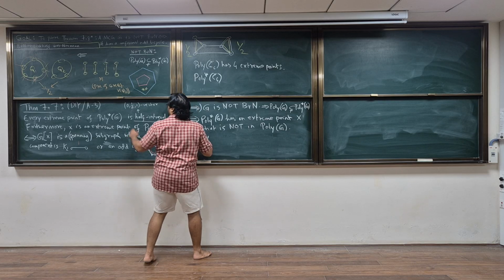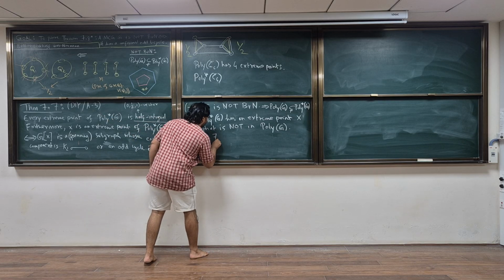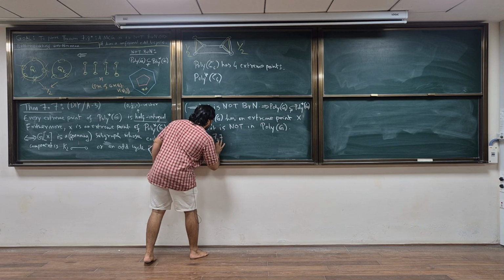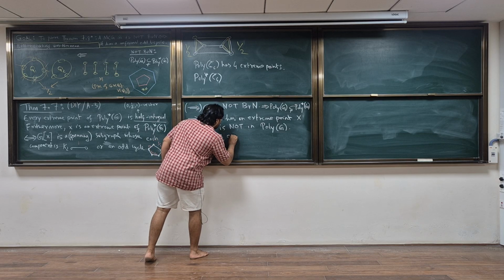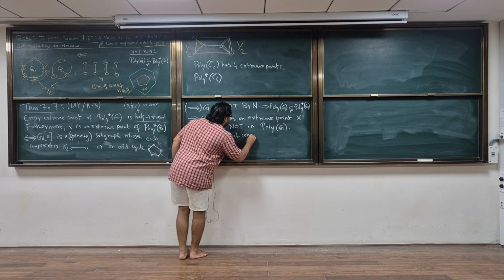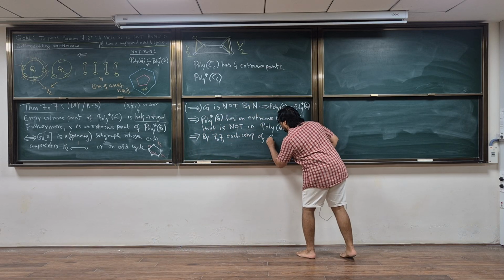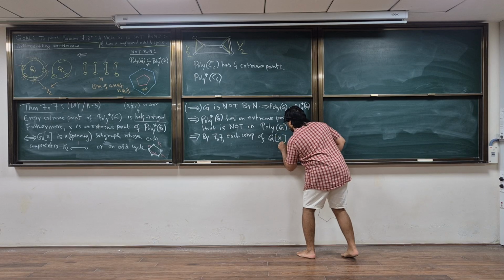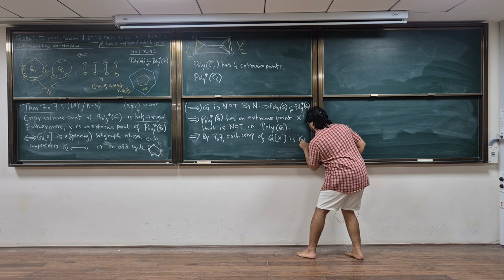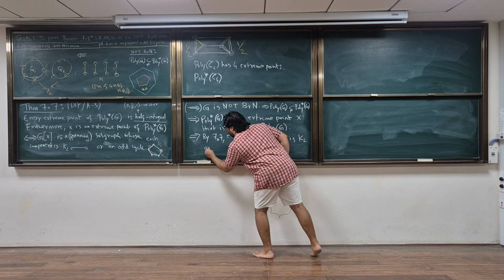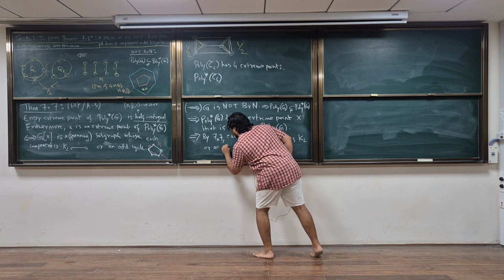So by Theorem 7.7, each component of this graph is K2 or an odd cycle.